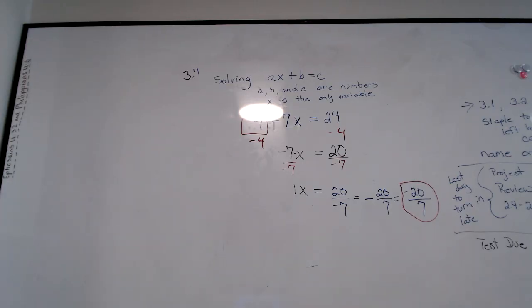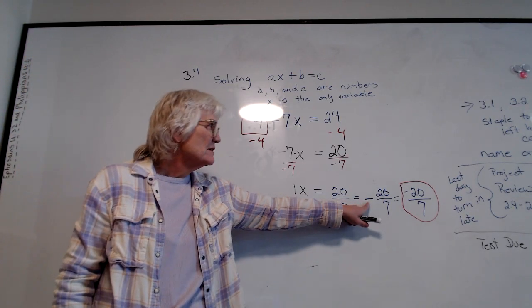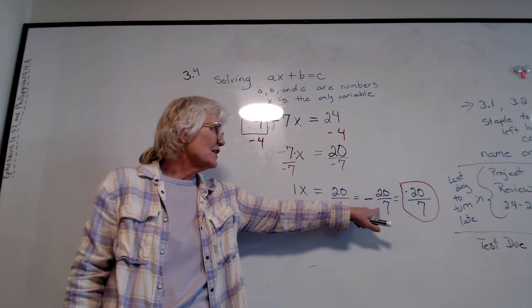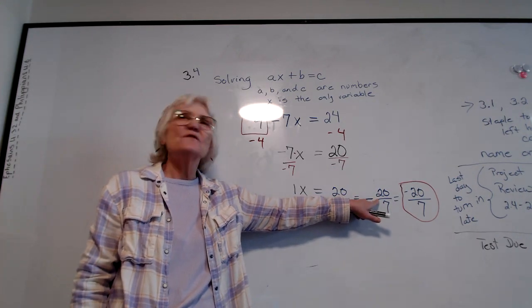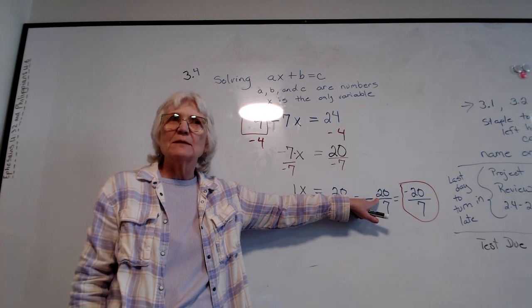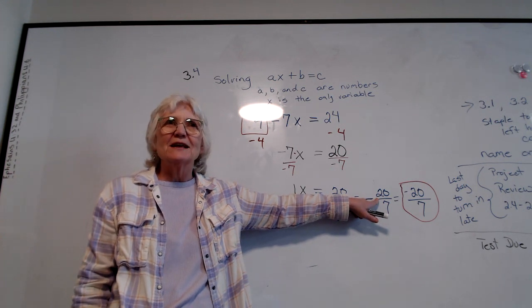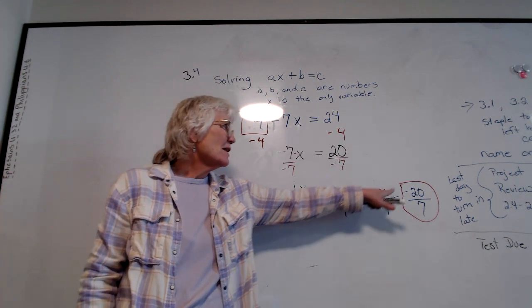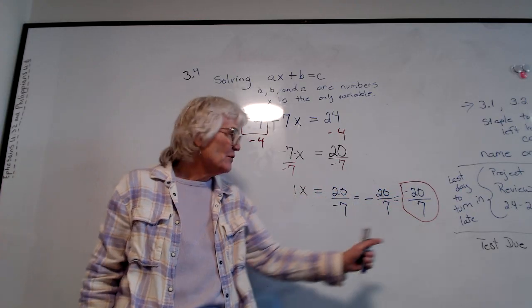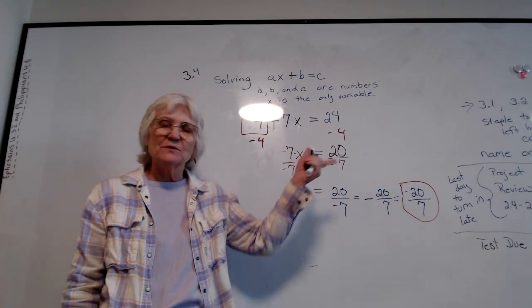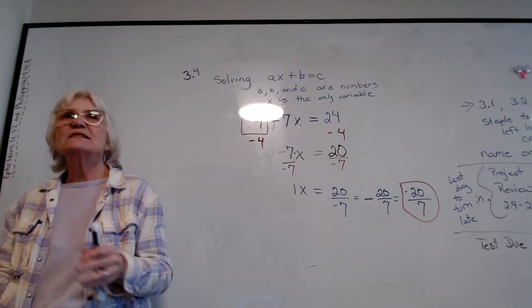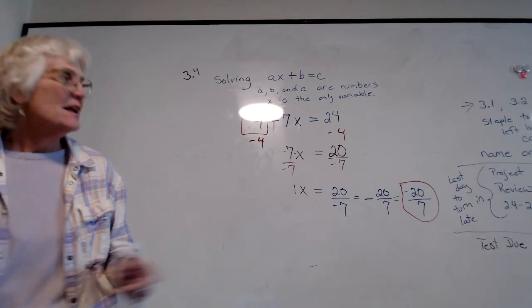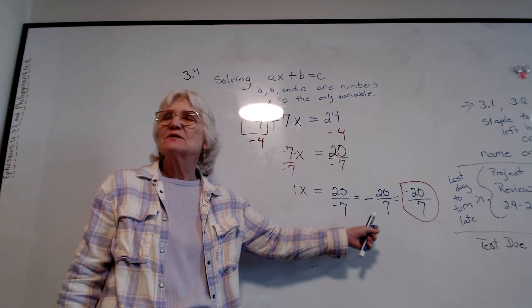The reason I don't prefer this one here is because I can't tell if your pencil skipped there or if you actually meant it to be negative, okay? So I like it up in the numerator. So if you have a negative in the denominator, just move it up to the numerator because it's the same answer, okay? Now, will I count these wrong? Absolutely not.